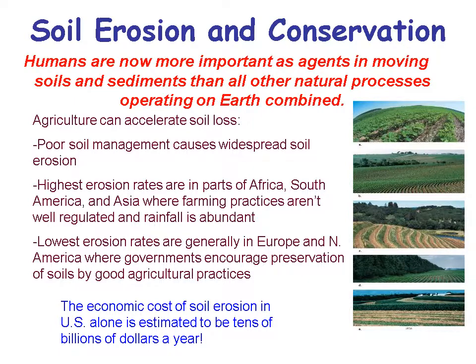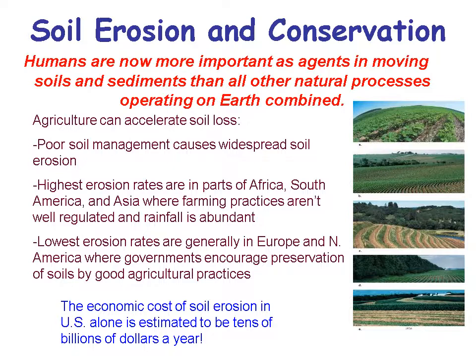Okay, humans are now more important as agents in moving soil and sediments than all other natural processes in the earth combined. We've been talking about this, but agriculture really can accelerate soil loss if you don't manage the land properly.